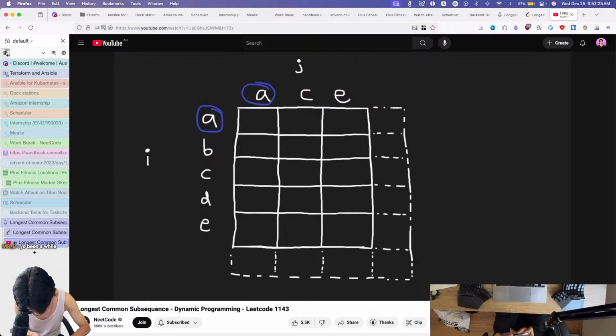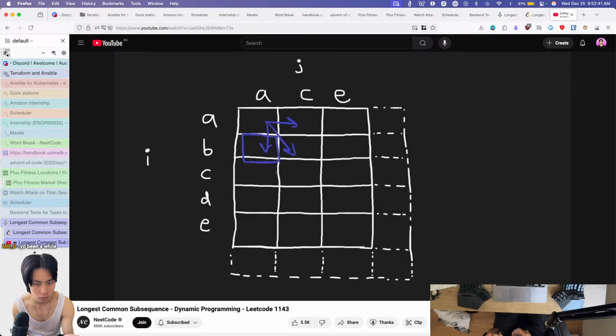So what we're going to do is put that value right here. That's what's going to be the entire longest common subsequence. So we want to compute the value that goes here, but to do that, we need to solve some subproblems and continue to do that and then work our way back up to this position.